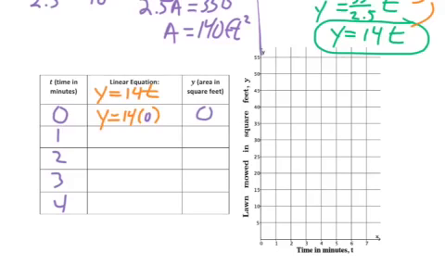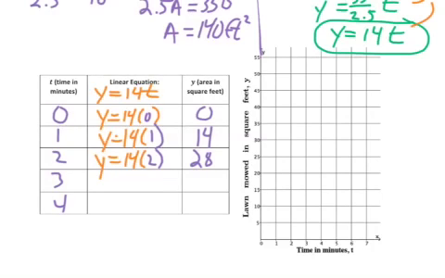For 1 minute, y equals 14 times 1, and 14 times 1 is 14. For 2 minutes, y equals 14 times 2, and 14 times 2 is 28.